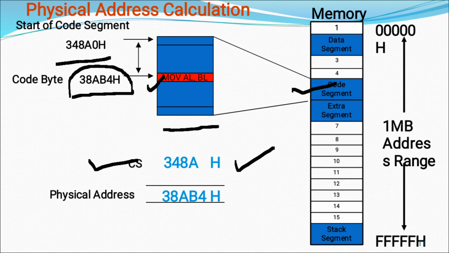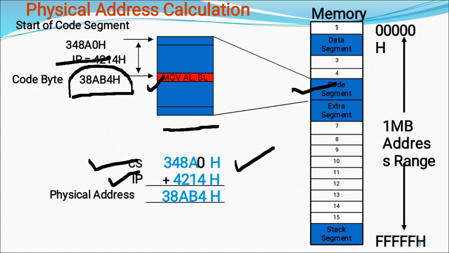Then the displacement between the starting address and the code byte address will be 4214. The 4214 is the content of the instruction pointer. So we are supposed to add the content of the code segment register and the instruction pointer, and it gives the physical address.